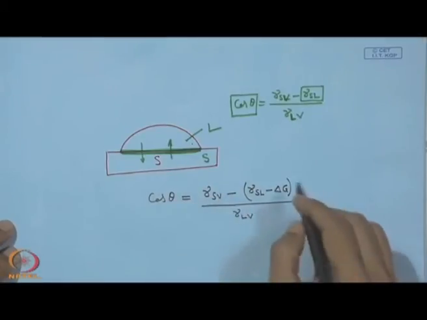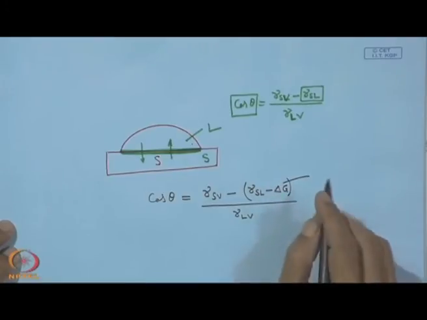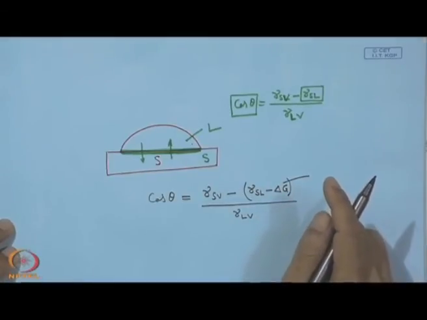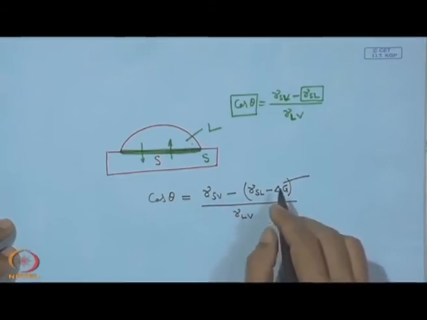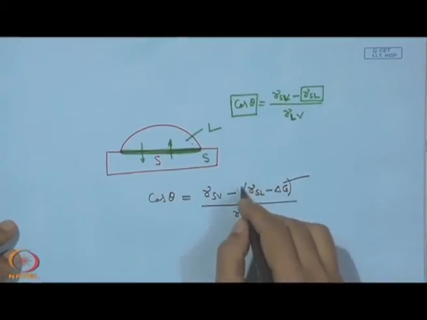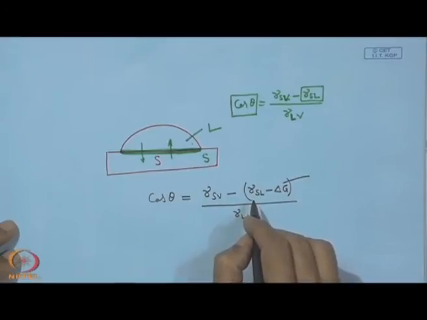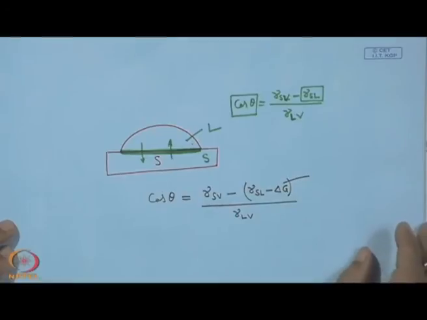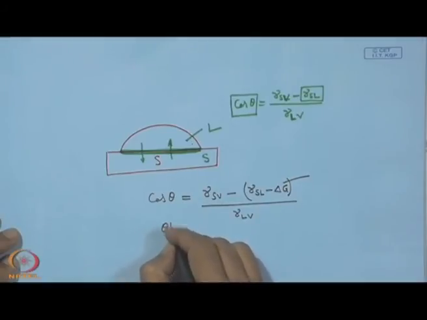As a result of this reactivity there will be a change in free energy, which must be negative, and this negative change in free energy acts in a very favorable way by reducing the value of the interfacial tension, and thereby the net gain would be a very low value of theta.